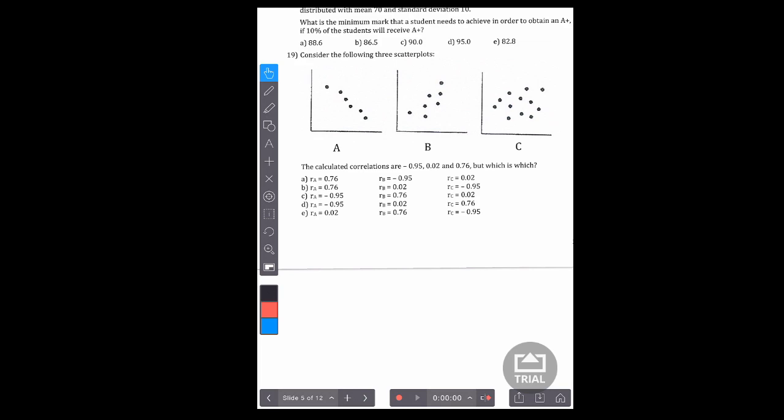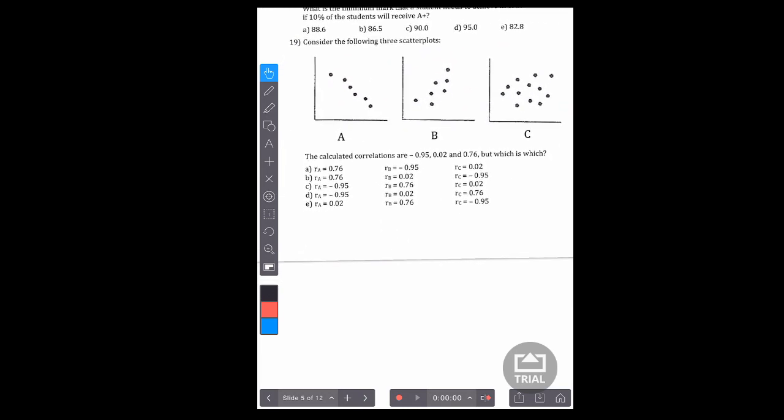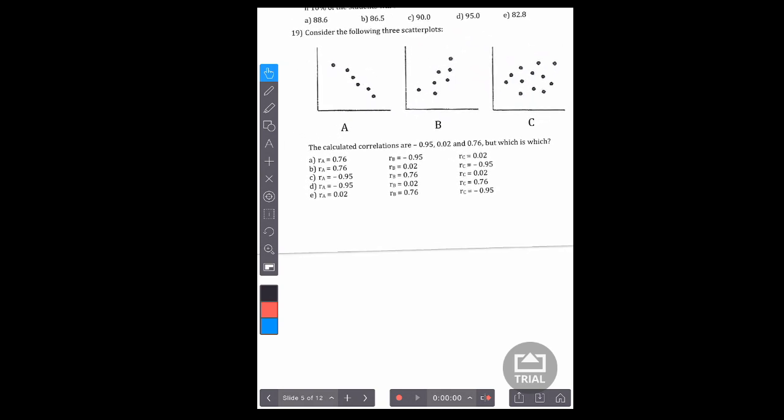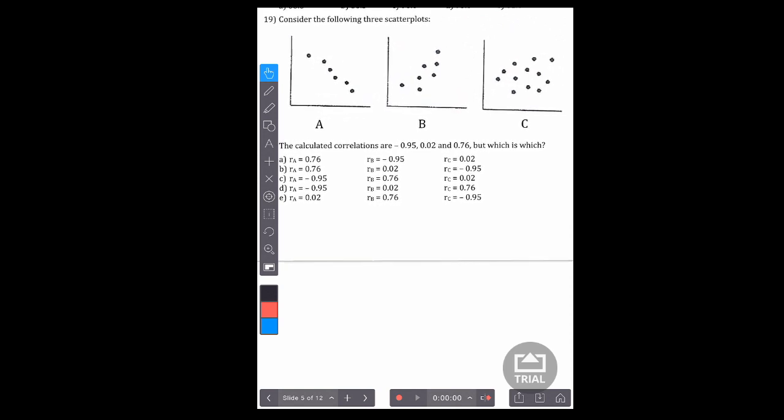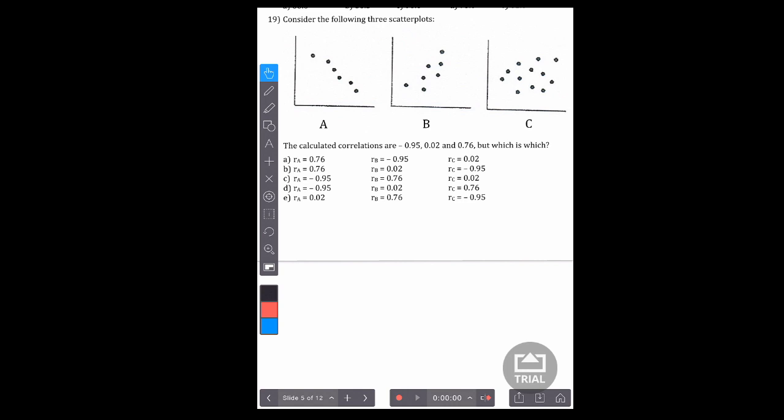All right, so let me give those people who haven't had a chance a few minutes to try it. Okay, so I'll give you a minute. Okay, so try that problem. So you need to assign the given correlation coefficients to the scatter plots. This is easy, right? We'll find out. Okay, so give me your answer, and then I'll tell you my answer.